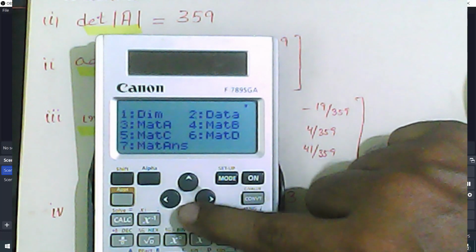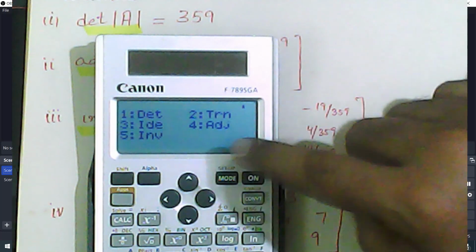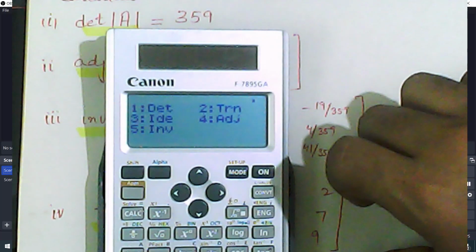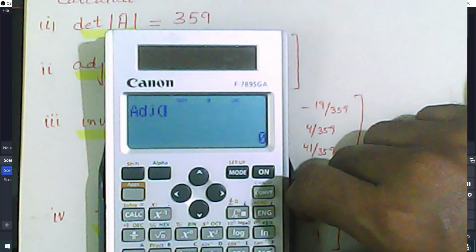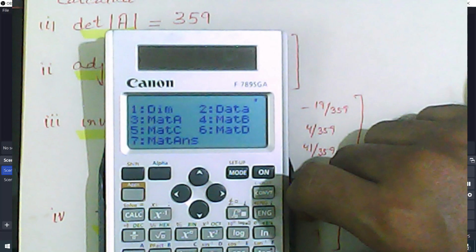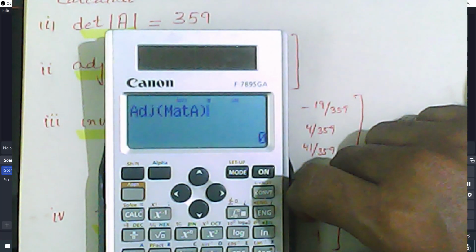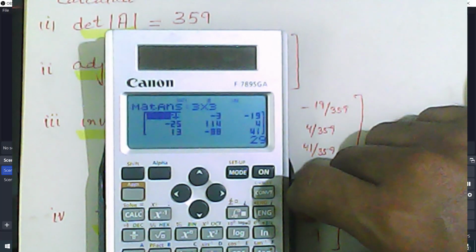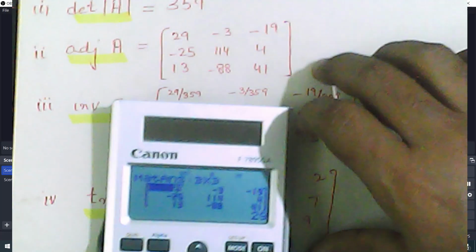So go to the application phase, go down again because of this arrow, and now it is saying to calculate the adjoint, and for the adjoint we're going to press which number? 4. If you look, this is number 4, and again we go to the application phase and tell it which matrix it is. For the data it is 3, and we are going to close it out, and we say calculate the adjoint of this matrix A, and see it has calculated it, and let's compare the data with the solutions.